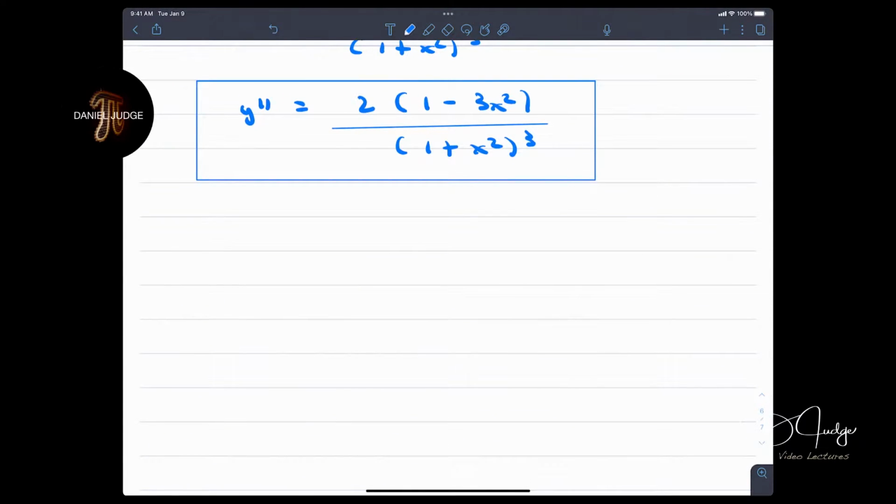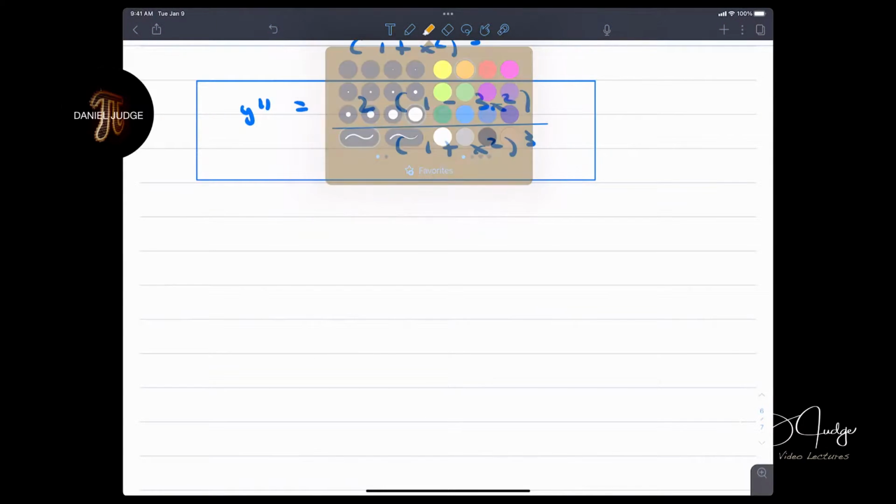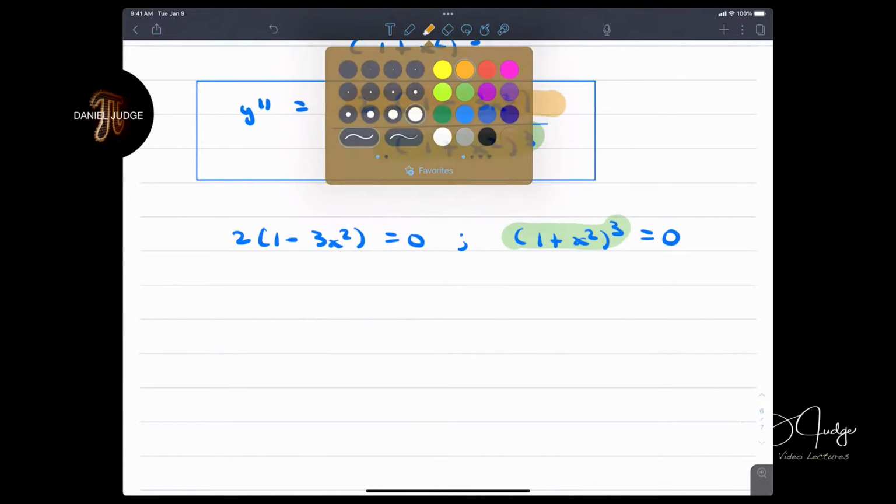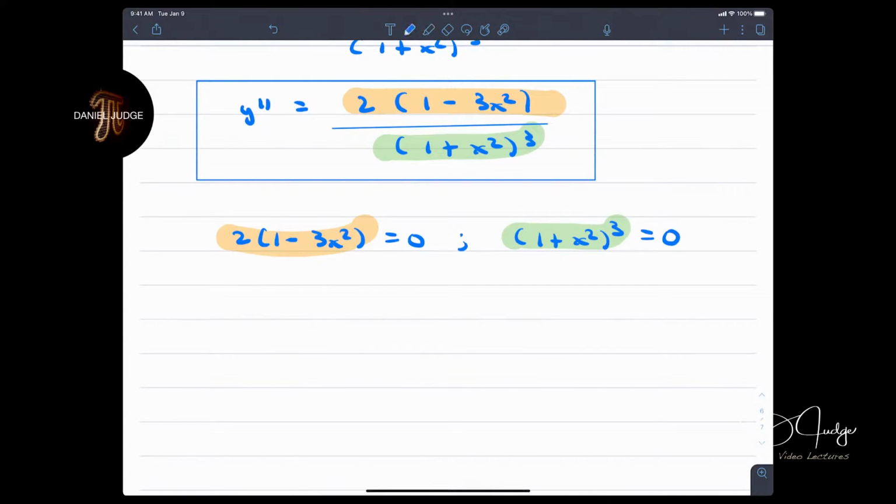So now the sign analysis portion. Set your numerator equal to 0: 2 times 1 minus 3x squared equals 0. And then the other situation is 1 plus x squared cubed. Set the denominator equal to 0. 1 minus 3x squared is 0.